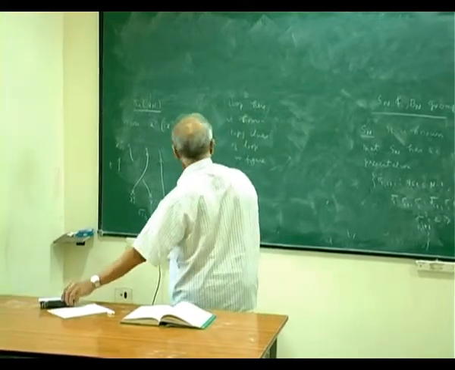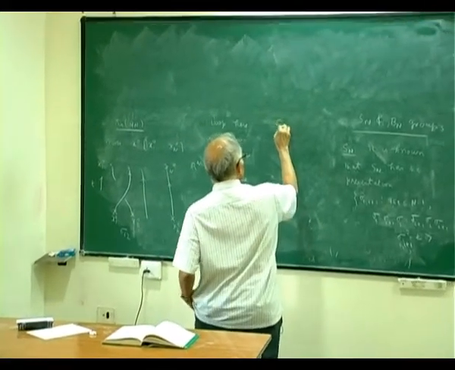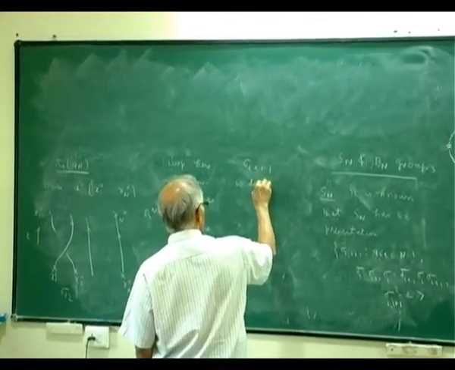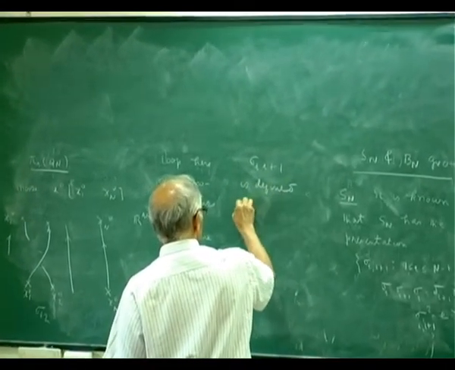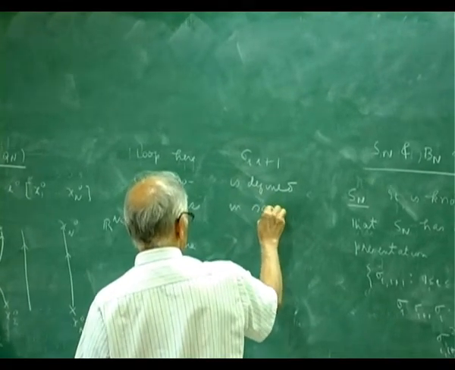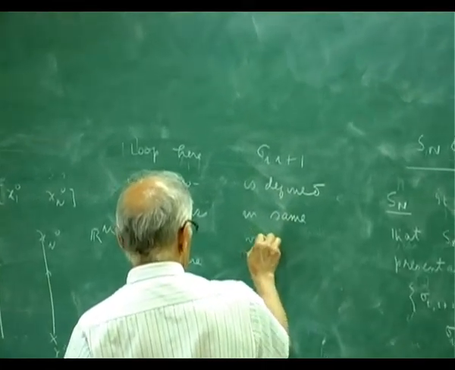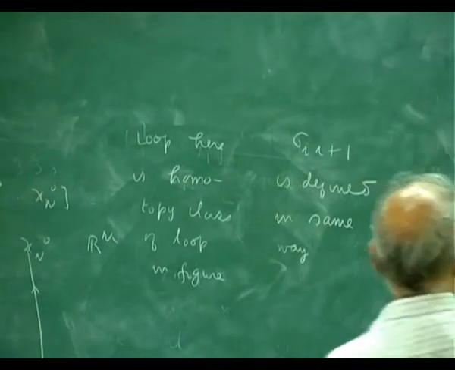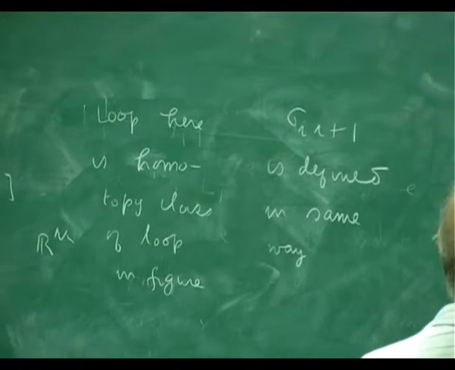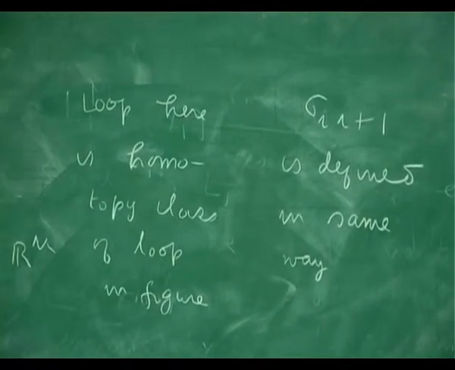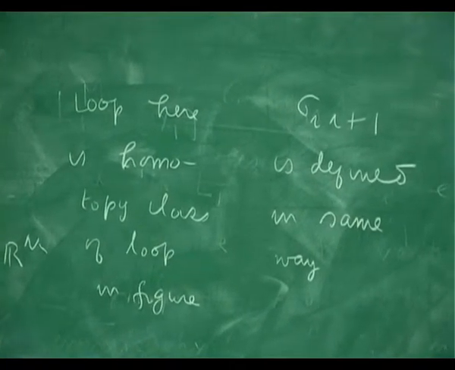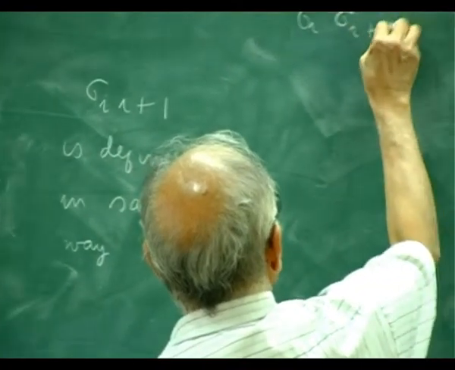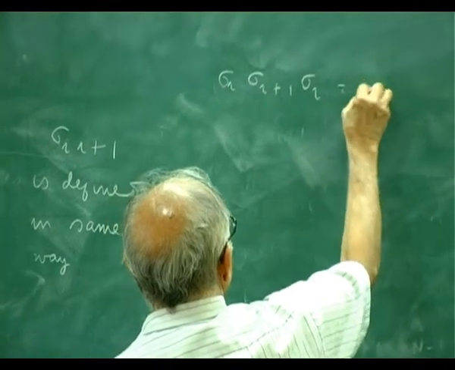So I want to look at sigma ij, and sigma i plus 1 is defined in the same way. Now the relation, what is most interesting is this relation: sigma i plus 1, sigma i, sigma i plus 1 equals the other ordering.